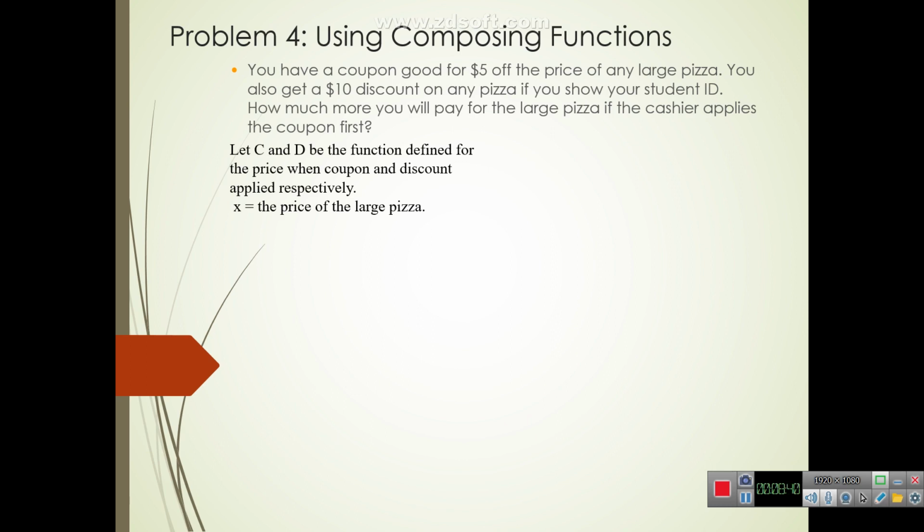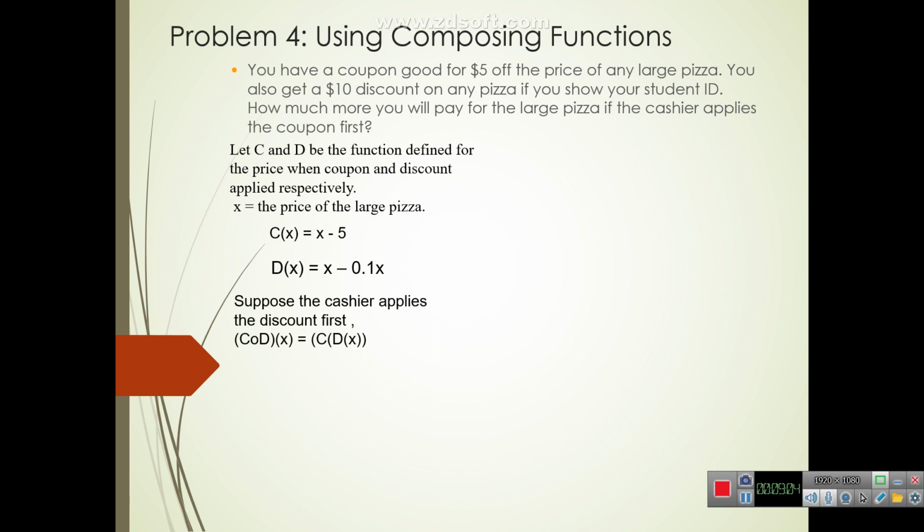Therefore, we can define the function for C. C of x will be x minus 5 and d of x will be x minus 0.1x, which is going to be 0.9x. Suppose the cashier applies the discount first. That means we are going to evaluate d of x first.